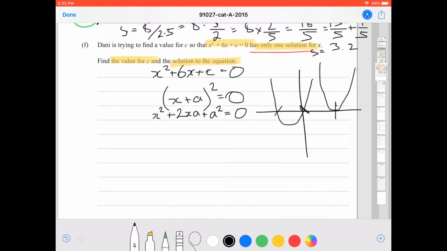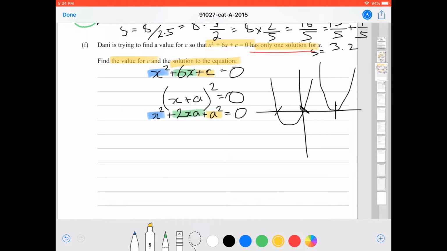Okay, and so at this point, let's compare equations here. So we know we've got x squareds. We have 6x and 2xa. And we've got c and a squared. And basically, the corresponding colours equal each other.